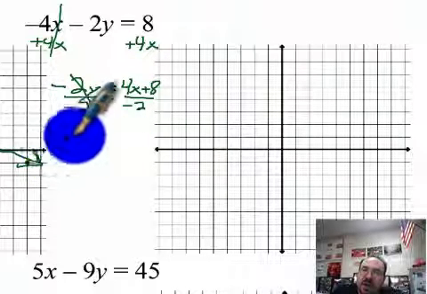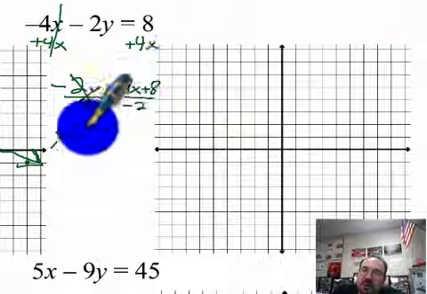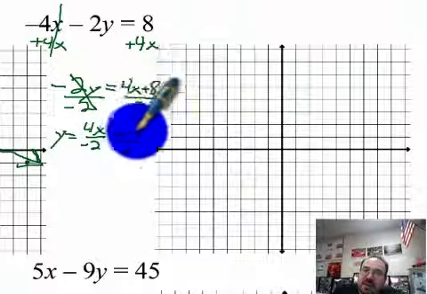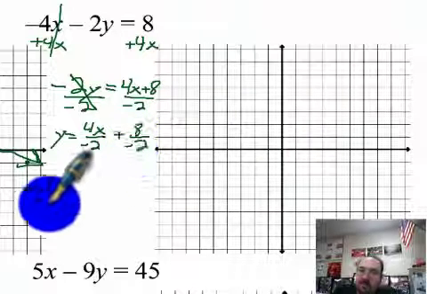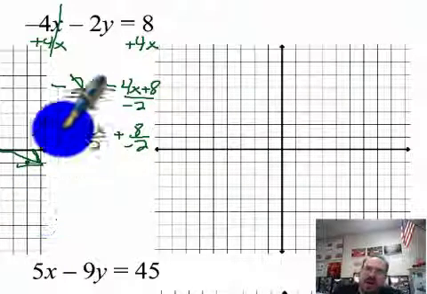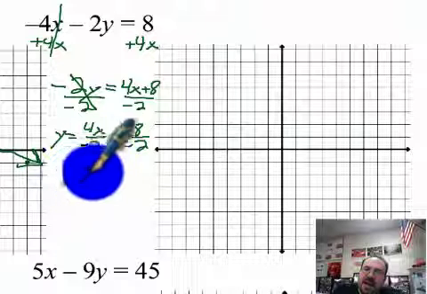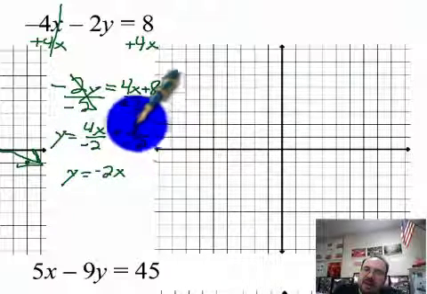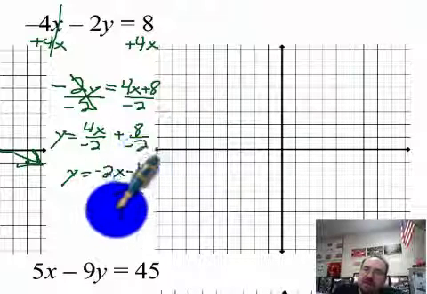So I get y equals, well, 4x divided by negative 2 plus 8 divided by negative 2. And if I reduce that, I get, let's see, 4 divided by negative 2 is negative 2x, and then 8 divided by negative 2 is minus 4.